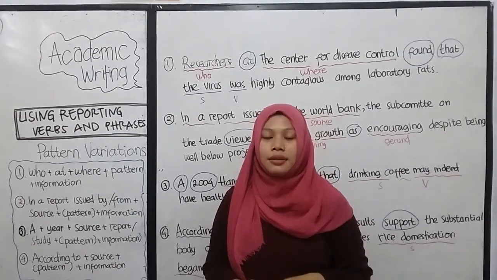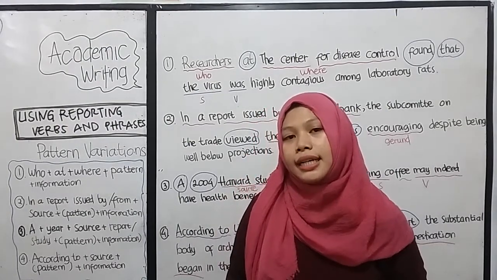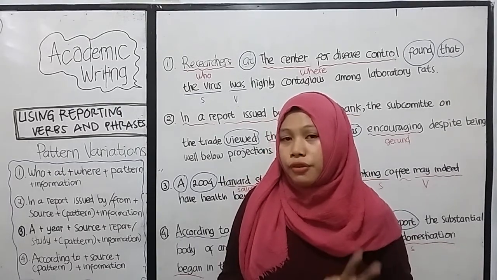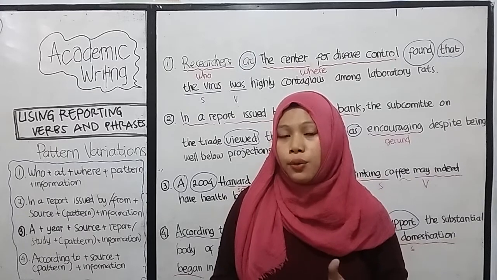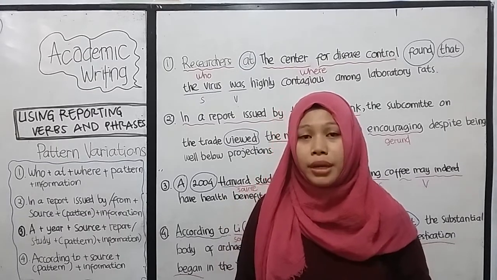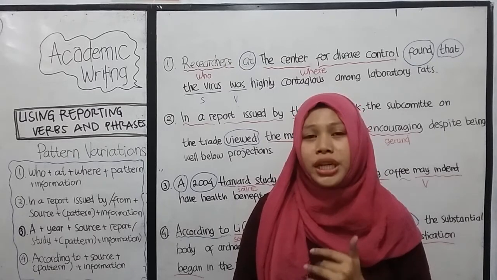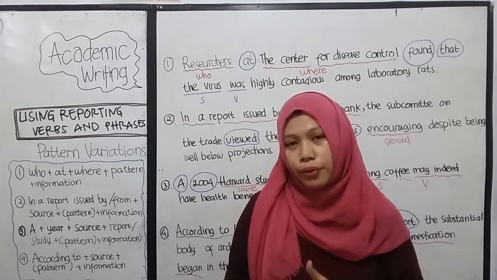And the second is to avoid overusing neutral reporting verbs like says or states. Yes, those verbs are good to use because they convey a neutral position, which is really important for the writer in order to reach an objective point of view, especially in academic writing.